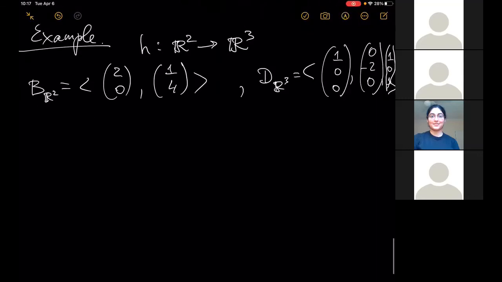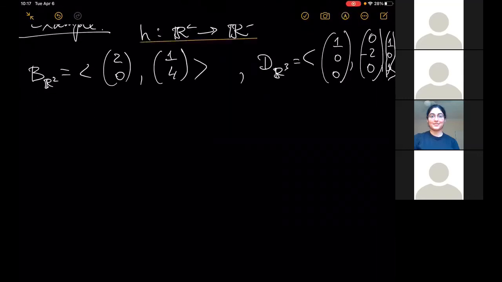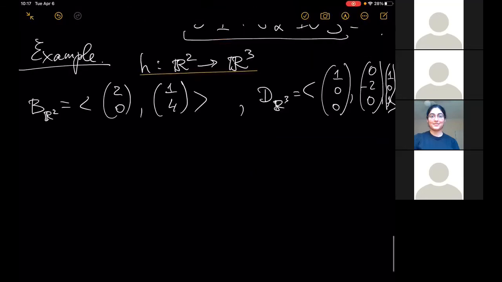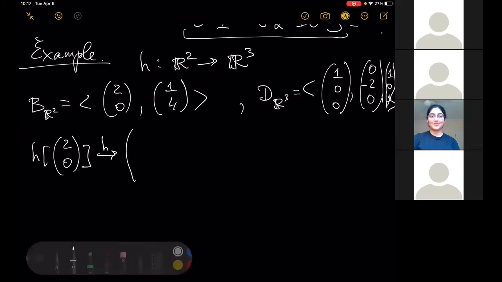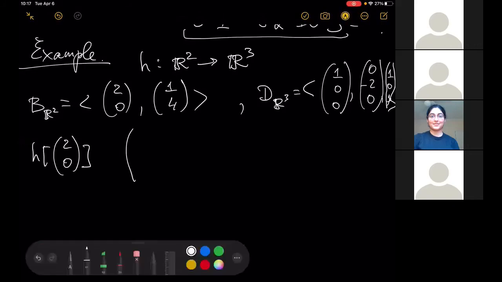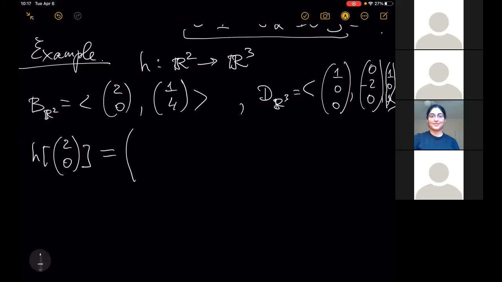Okay, now let us consider the following: if I apply the homomorphism to the first vector of the basis, I will get, let me write it differently, the result of application of the homomorphism is the vector (1, 1, 1).